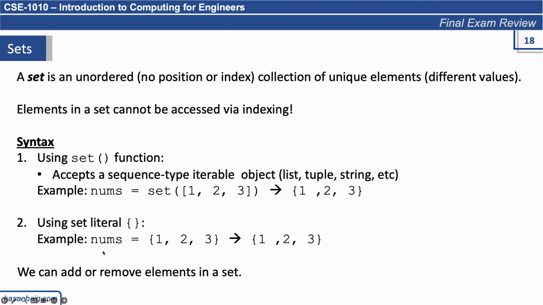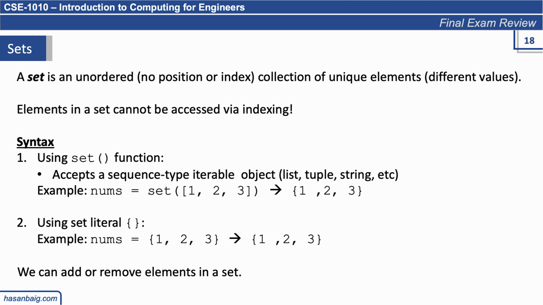Next data structure we studied was sets. It's an unordered collection of unique elements, with no position or index, and elements of the set cannot be accessed via indexing. As you have just seen, we can access any particular element in a list by specifying its index value, but in a set we cannot, because the elements are placed unordered.